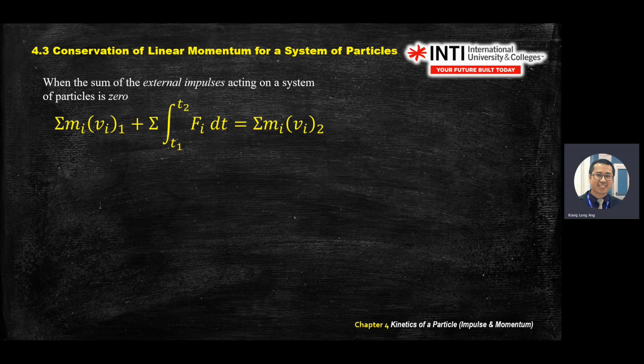But when you add all the external impulsive forces together and they balance up, like what you learned in statics, all the forces add up to zero. It falls under the conservation of linear momentum.